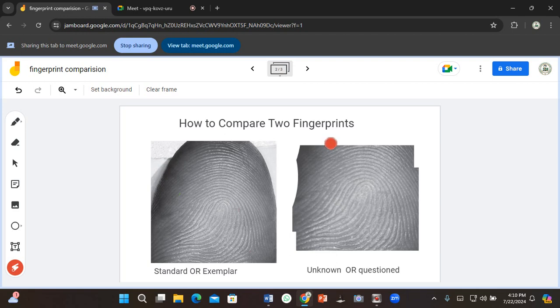One thing I want to lay emphasis on is that as a fingerprint examiner, you must know how to do it manually, because at times you may not have access to what you are going to use, or even when you have access to the software that will help you to do the comparison, it is possible that you have some mistake, some error.